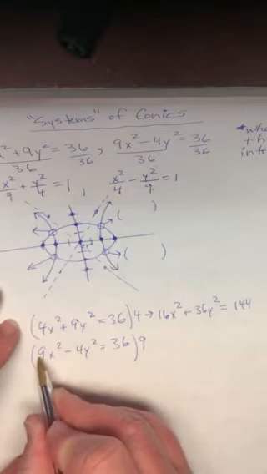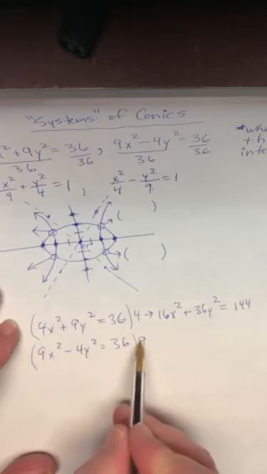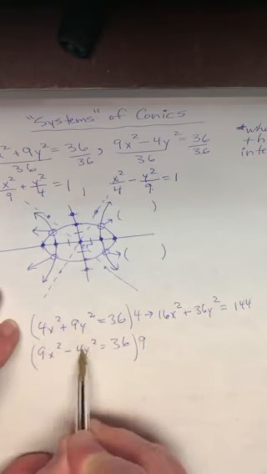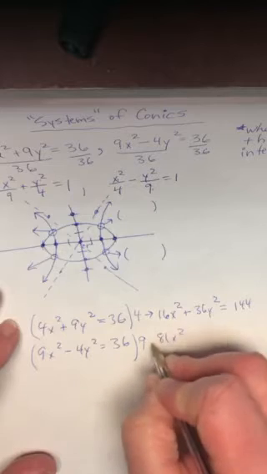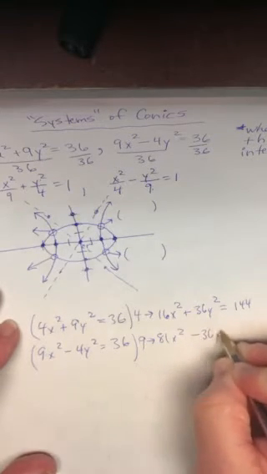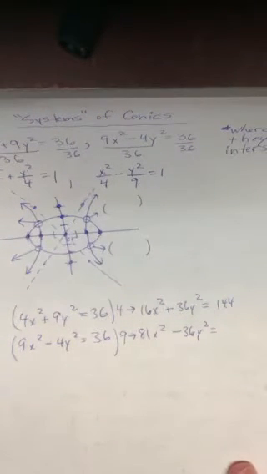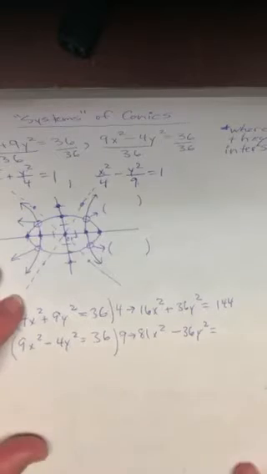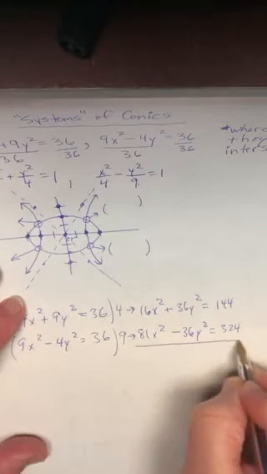If I multiply the second equation, the hyperbola, by 9, I'm going to get 81x squared minus 36y squared equals, and if I push 9 times 36, equals 324. Oh my gosh, so I'm going to draw a line.